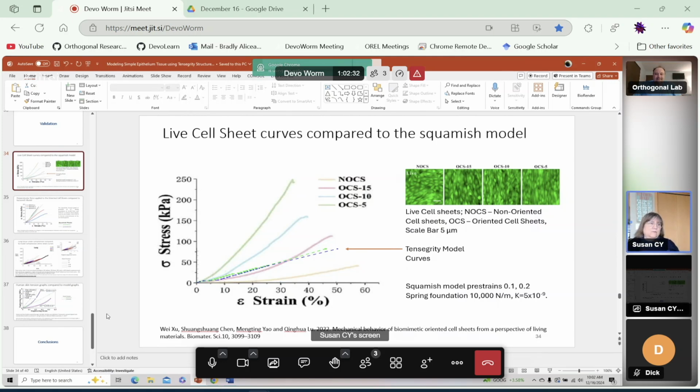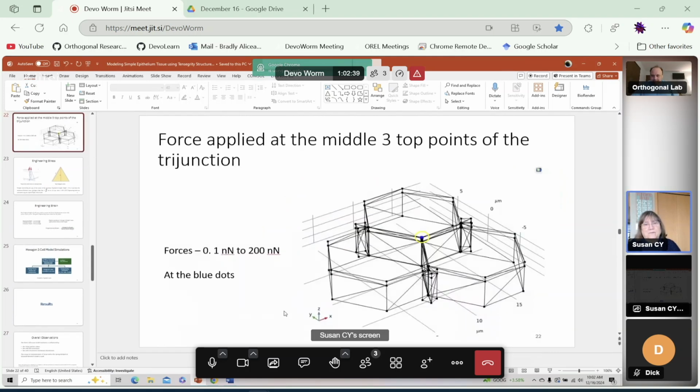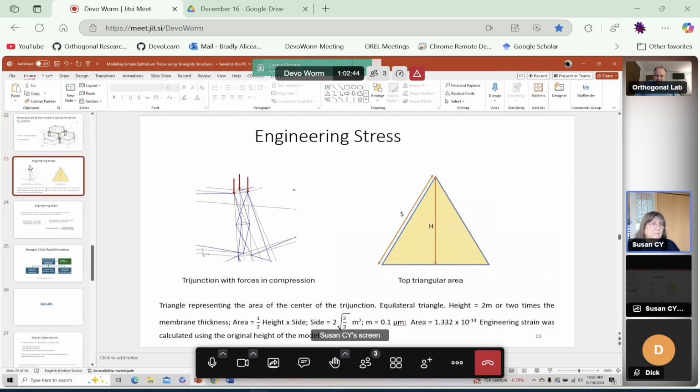Well, when a tissue, like for instance my model, let me back up to my model to explain this. When my model is compressed, this middle part here that I'm measuring, this little triangle, splays out, like it flattens when twisting it. If you were doing true stress, you would take the enlarged area and divide your force by that to get your stress.